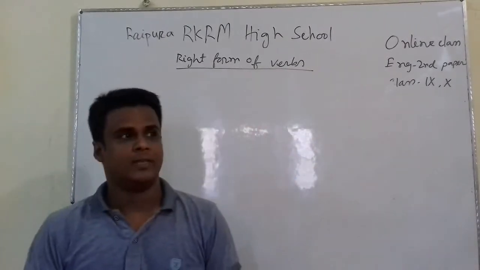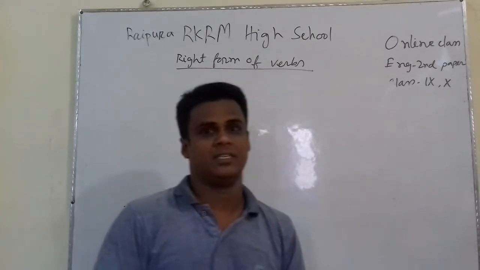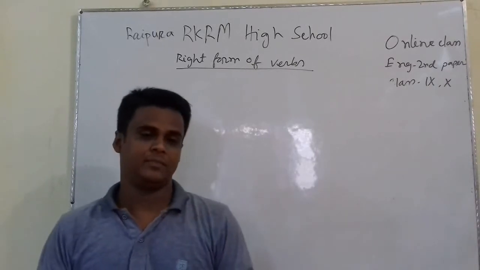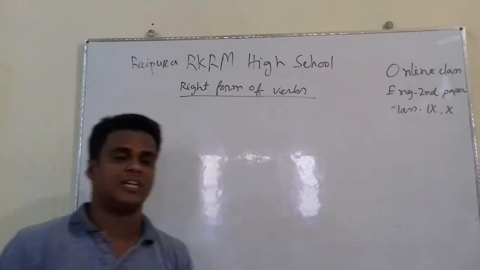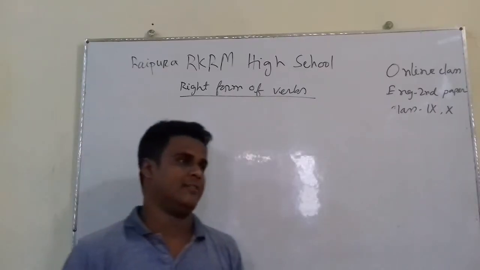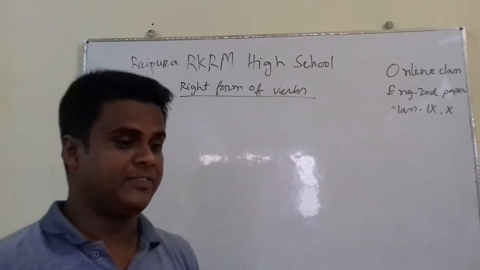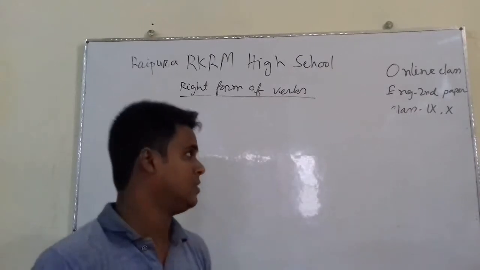As you know, the definition of the tenses and the structures of tenses, if you know them well, you will find it very easy, and the rules of the right form verbs. If we want to describe any regular activities that we normally do usually, then we will use present indefinite tense. So here you will have to know the structure of the present indefinite tense.